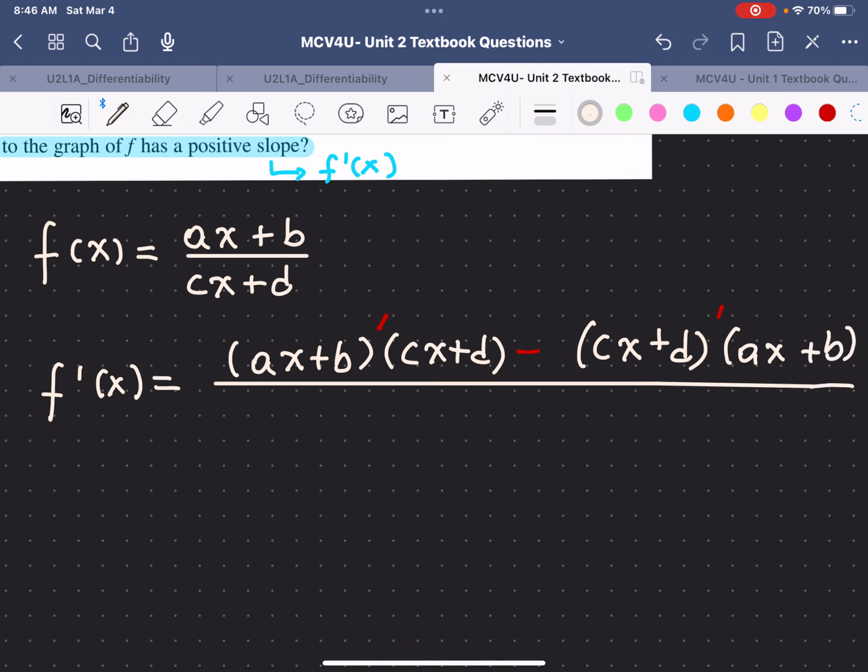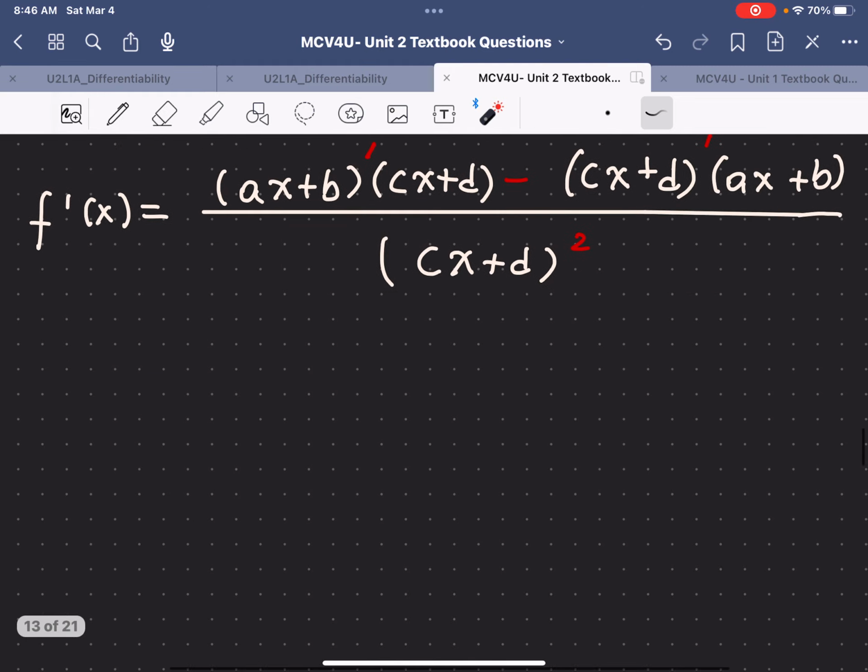All this is divided by cx plus d to the power of 2. Again, recall that the quotient rule states that the derivative would be f prime g minus g prime f over g squared.